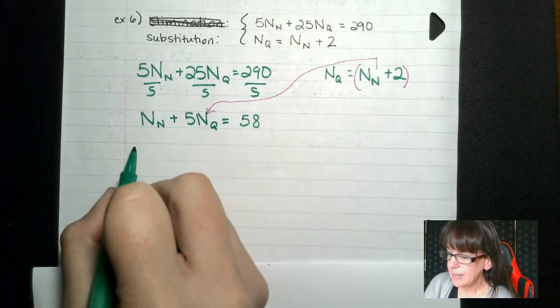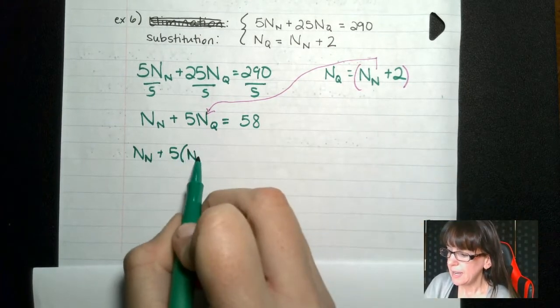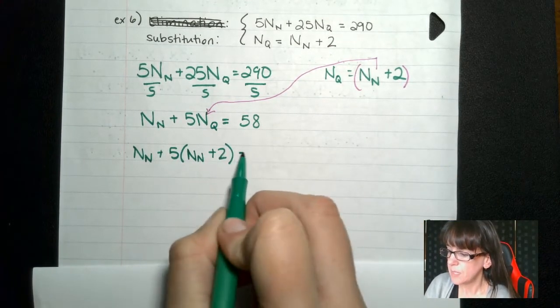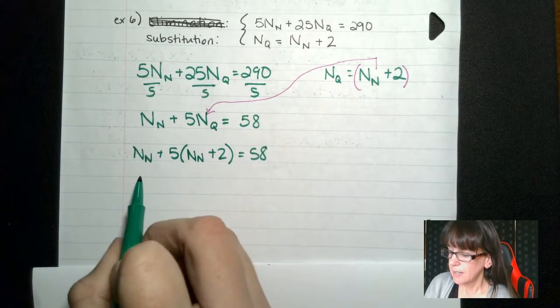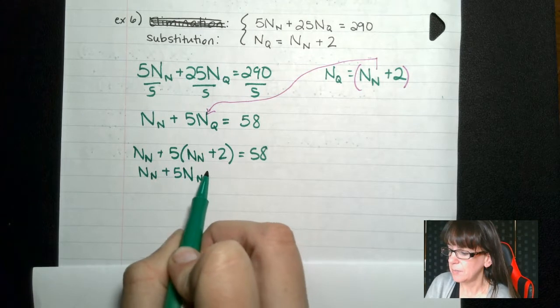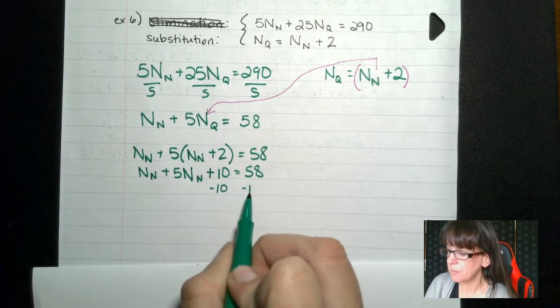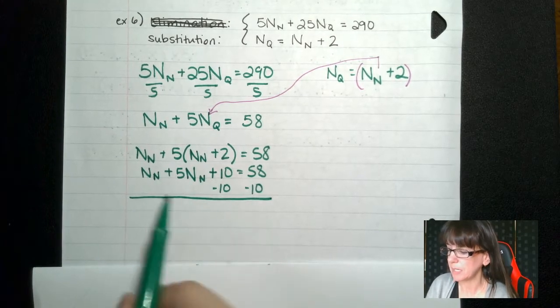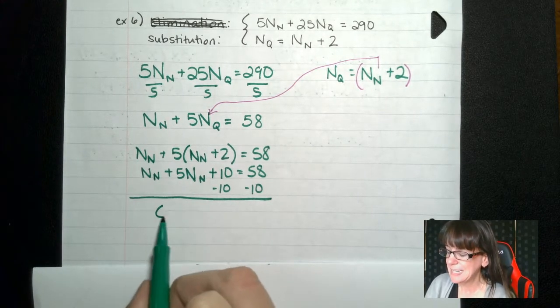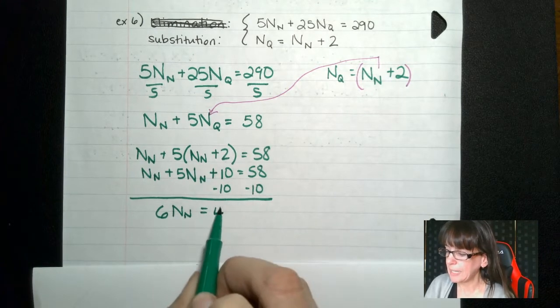So we say nn plus 5 times nn plus 2 equals 58. nn plus 5nn plus 10 equals 58. Minus 10 from both sides. At the same time, I'm going to combine my like terms here to get 6nn equals 48.